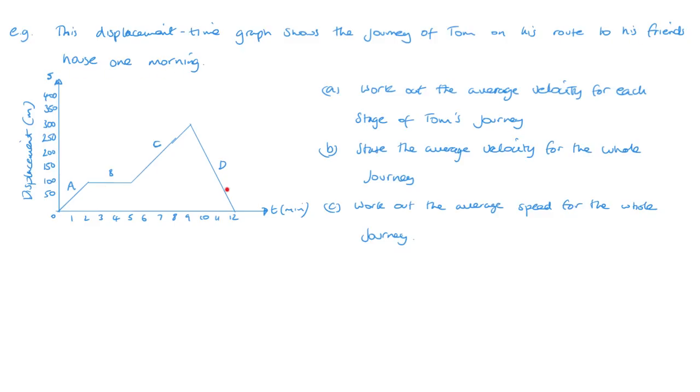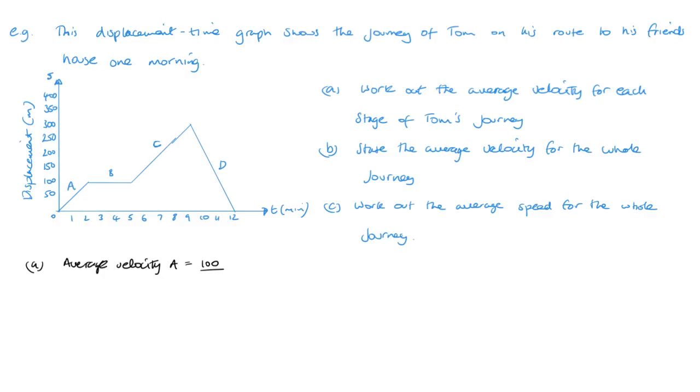We've got to work out the average velocity for each stage in Tom's journey: A, B, C, and D. So the average velocity for A is going to be the distance, 100 meters, over the time, which is 2 minutes.